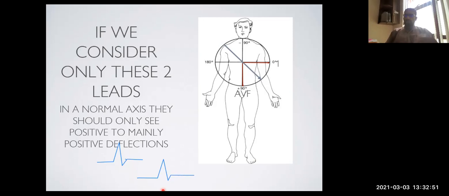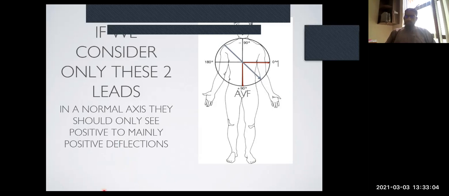They are seeing electricity moving towards them the majority of the time, all right? And remember, we're looking at the majority. So that means on an ECG, if we look only at leads 1 and leads AVF, if we only took those two into consideration, and both of them saw positive deflections, it would mean that we would have a normal electrical axis.